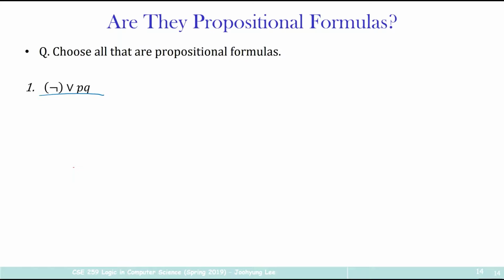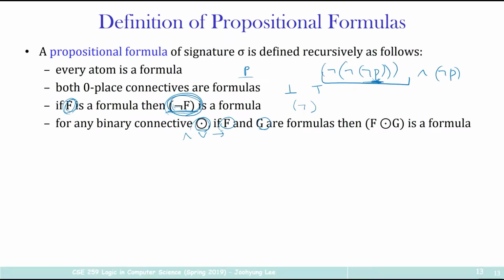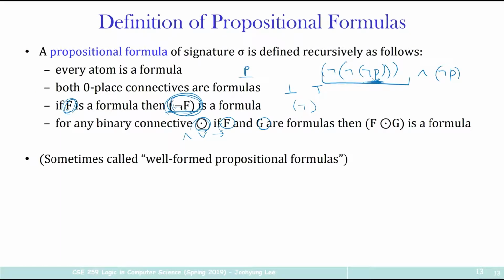So here's some informal reasoning. If you look at the clauses here, there are 4 cases. Any formula belongs to one of these 4 cases. It could be an atom, it could be a zero-place connective, or it could start with an open parenthesis followed by the negation.